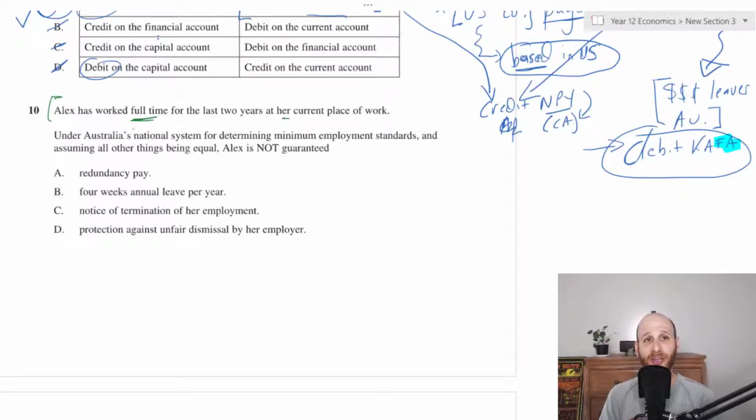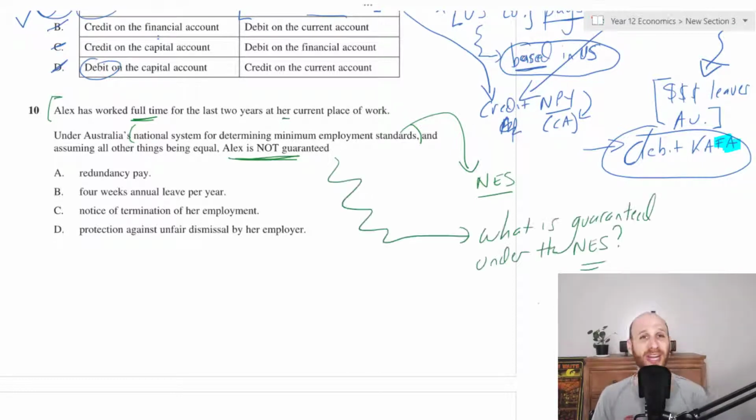Under Australia's national system for determining minimum employment standards. So these are the national employment standards, the NES. And assuming all other things equal, Alex is not guaranteed. So what we're trying to work out is really what is guaranteed under the NES. What is guaranteed under the NES?